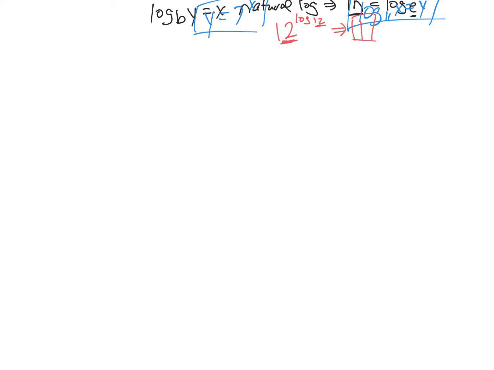Okay, let's look at another one. Let's say I gave you y equals 3 to the power of x plus 2. Now we want to flip our x and our y. So we're going to say x equals 3 to the y plus 2. We have to isolate our exponential, our base, so we're going to subtract 2.